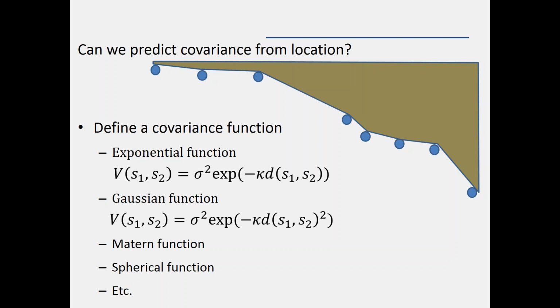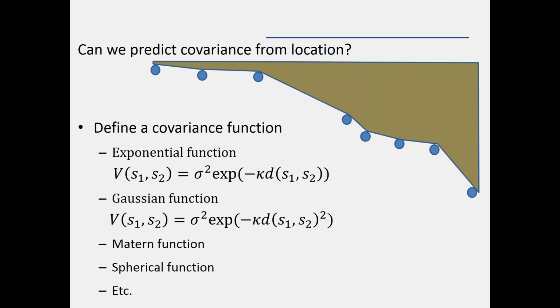But there's other ones. So in the exponential function that's listed here, what are the parameters of that function? And what's the data? You have the variance, yeah, sigma squared is a parameter. And then you have kappa, which is controlling the range.